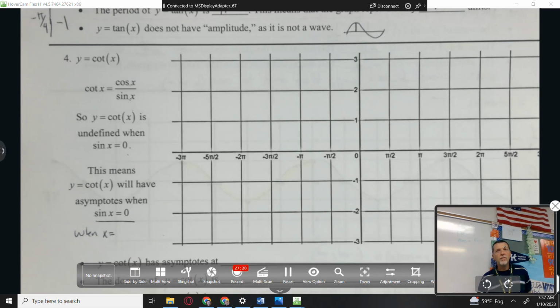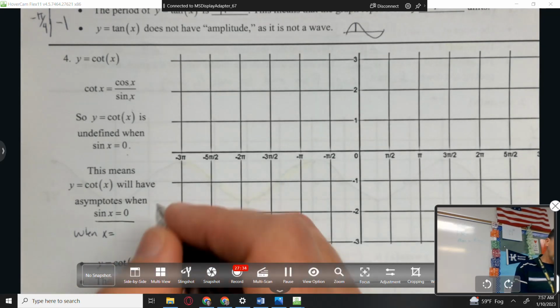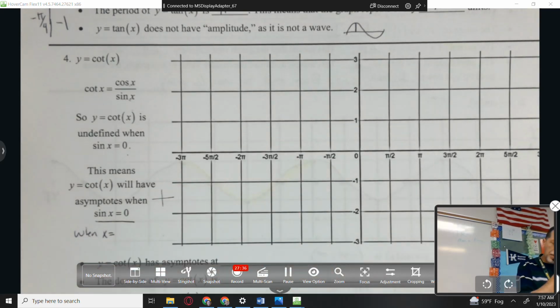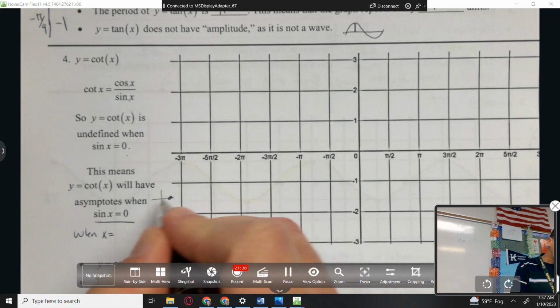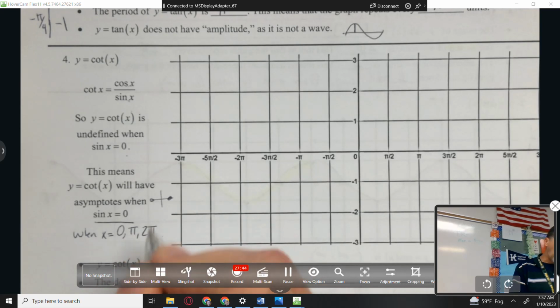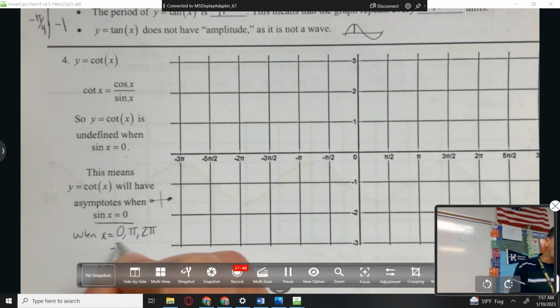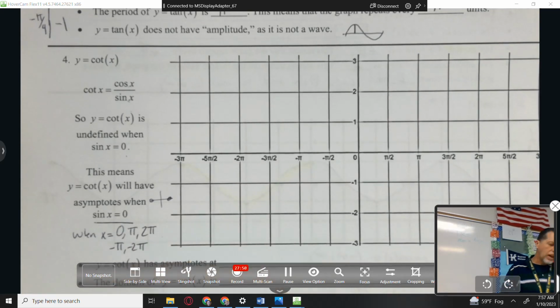So what angles have a sine of 0? Think about the unit circle. 0 and pi. And then if you kept going, 2 pi and 3 pi and 4 pi. You could also go backwards, negative pi, negative 2 pi.